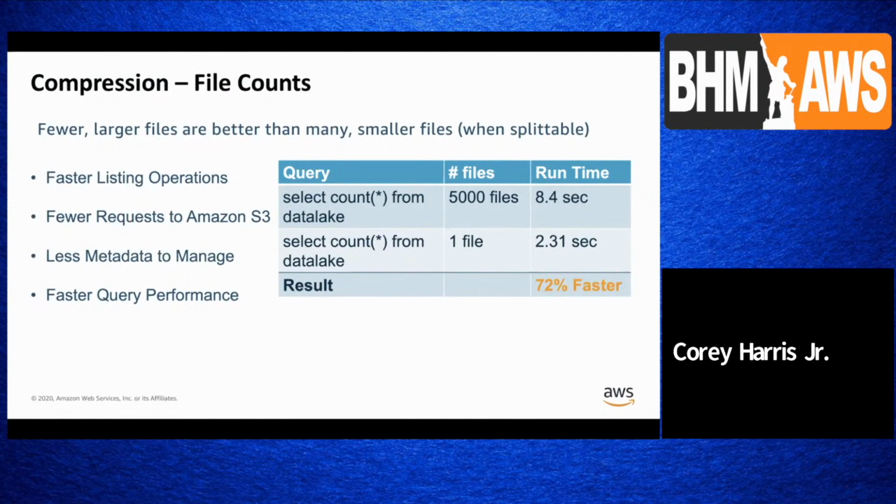Because I can take that big file and split it within the ETL, I allow the platform to optimize the way it horizontally distributes my data or whatever processing that I'm performing against my data lake, right?